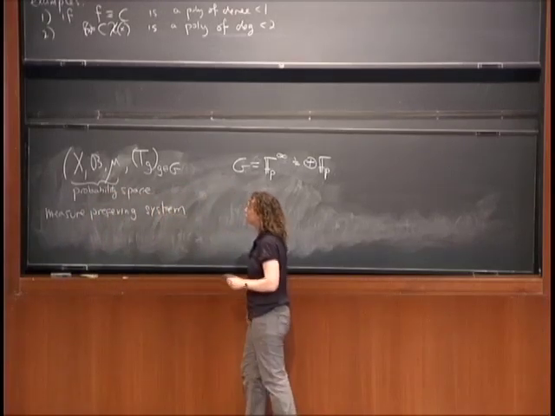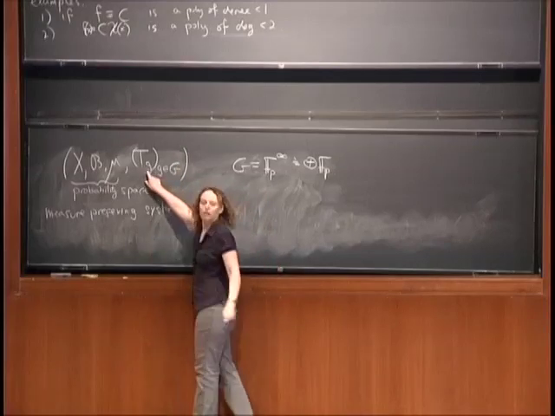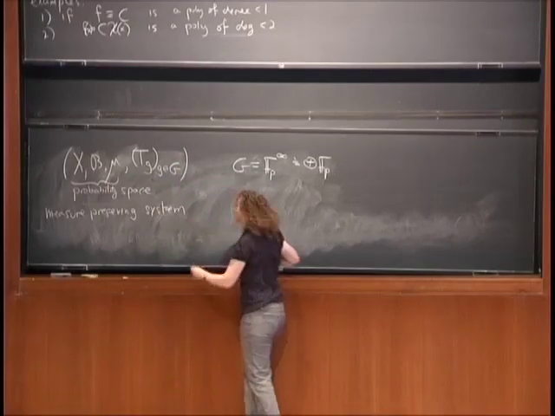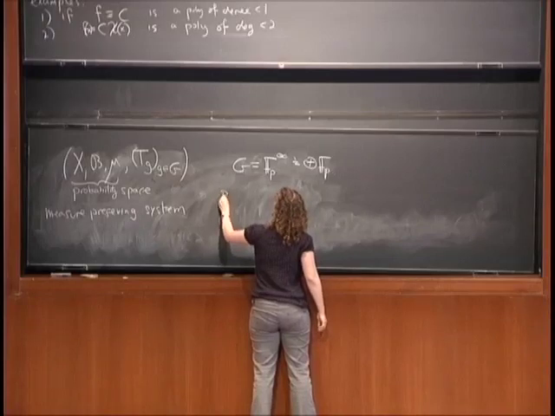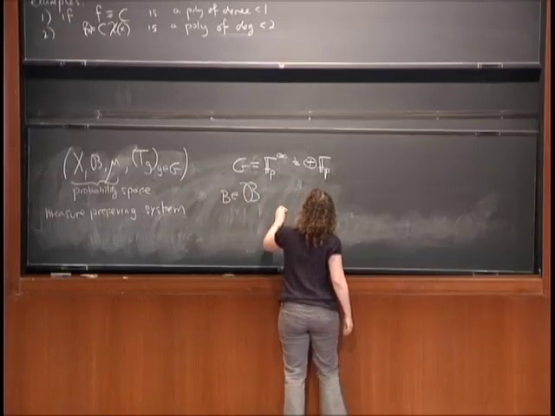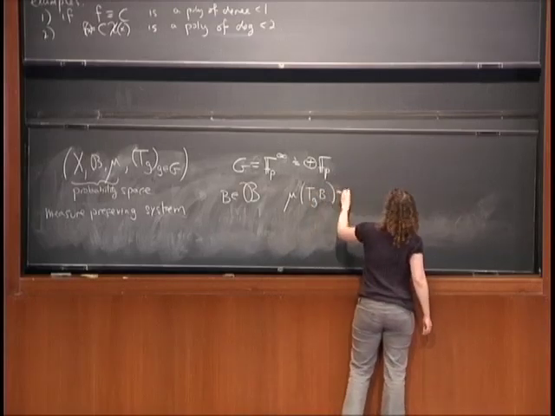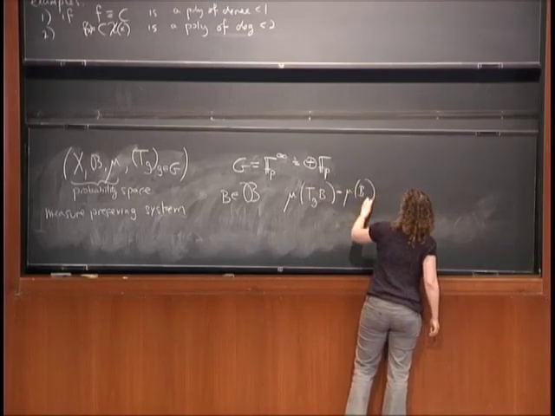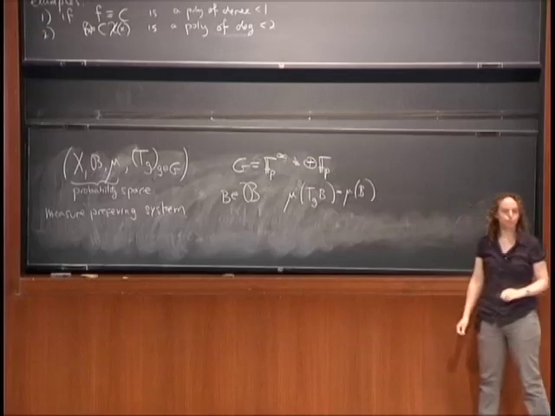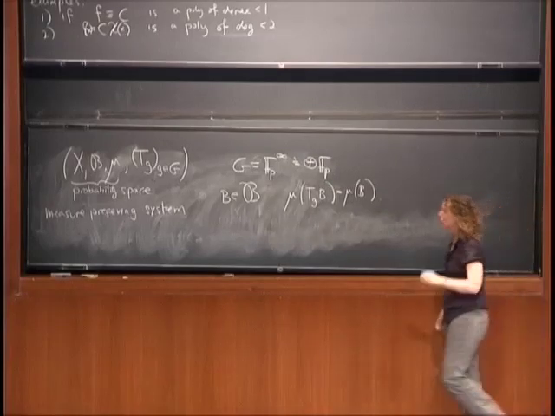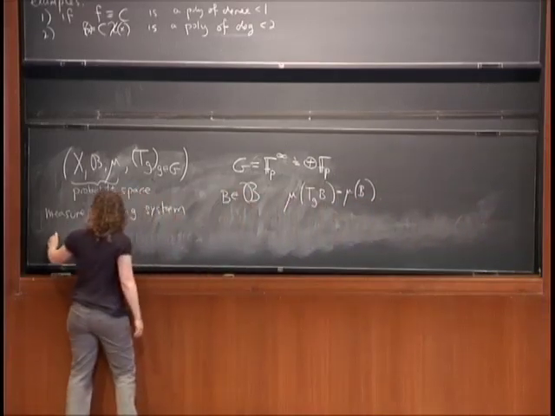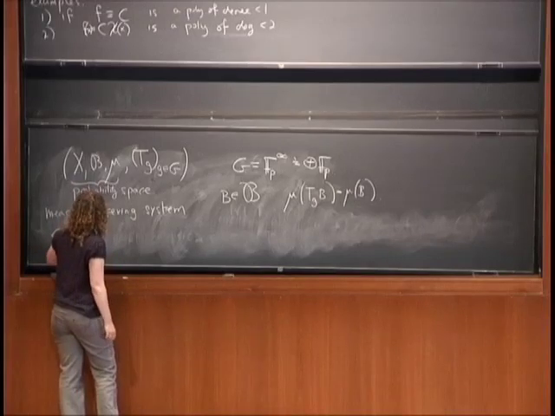This just tells you that these elements preserve the measure. So if you take any set A or B inside X, then the measure of T_g B is the same as the measure of B. Okay, so this is a measure-preserving system, and we also need to assume that it's ergodic.